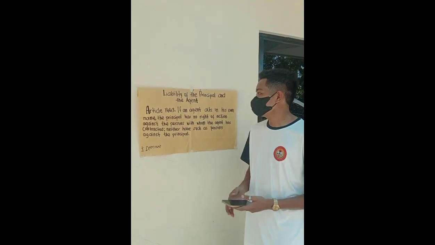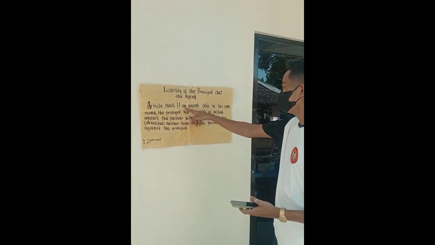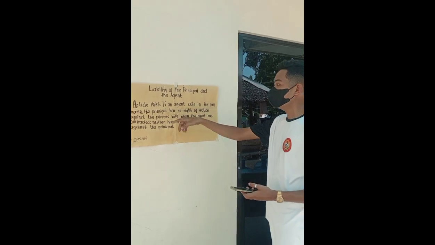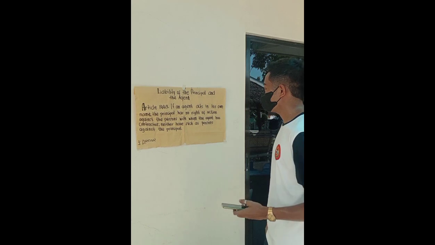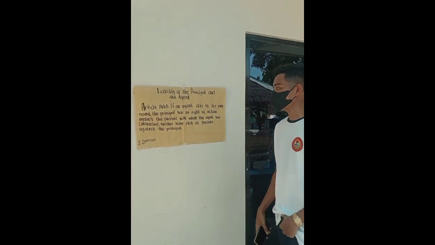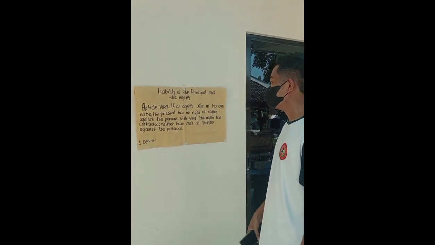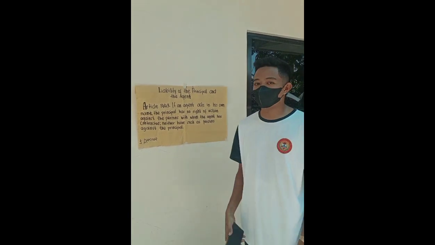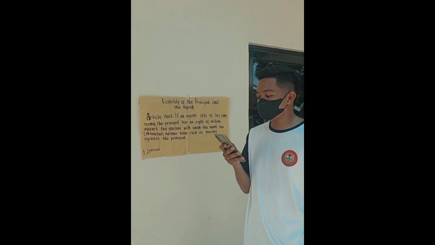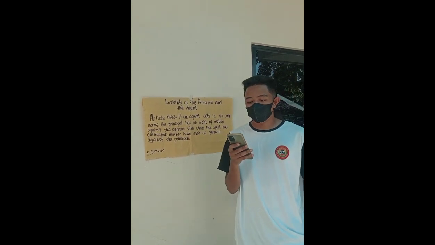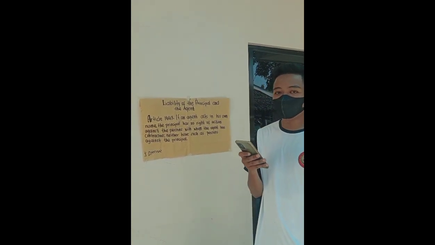Liability of the principal and the agent. Article 1883. If an agent acts in his own name, the principal has no right of action against the person with whom the agent has contracted. Neither have such persons against the principal. So, kung nagtrabaho ka sa laing negosyo, the principal and you act on behalf of that business as an agent.